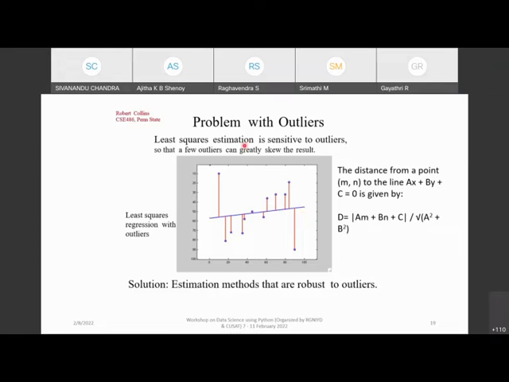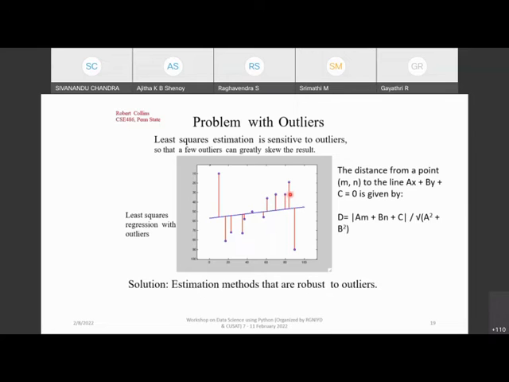Because in least square fit, what you are going to do is calculate the distance from the point to the line for all the points. That's actually the error, right? So you are fitting the line for these particular data points. Ideally speaking, all points should be on the line, but practically that is not going to happen. All points cannot be on the line to have a perfect fit. So you are considering the distance of the point from the line. This is called the error.